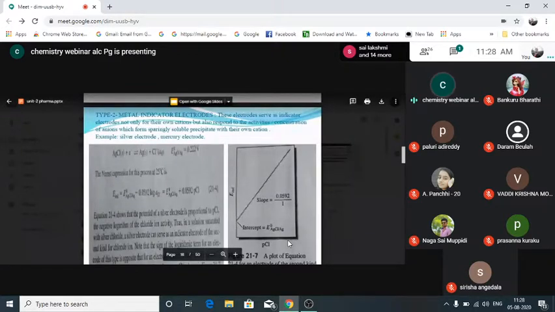These silver ions come in close contact with the silver rod, and since the rod is connected to the external circuit, it develops a potential that is directly proportional to the concentration of silver ions present in the silver nitrate solution. That is the first point.